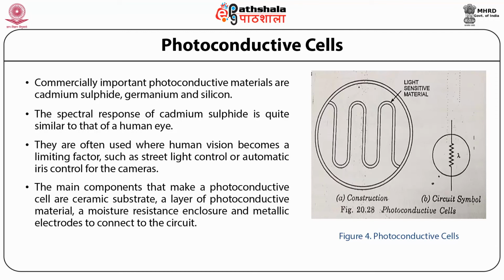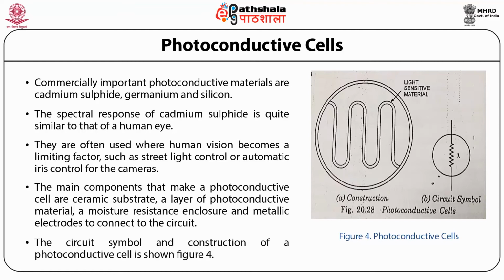The main components that make a photoconductive cell are a ceramic substrate, a layer of photoconductive material, a moisture resistant enclosure, and metallic electrodes to connect to the circuit. The circuit symbol and construction of a photoconductive cell is shown in figure 4.